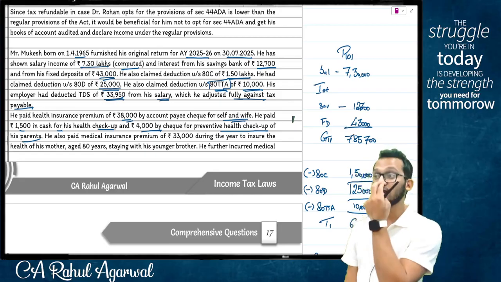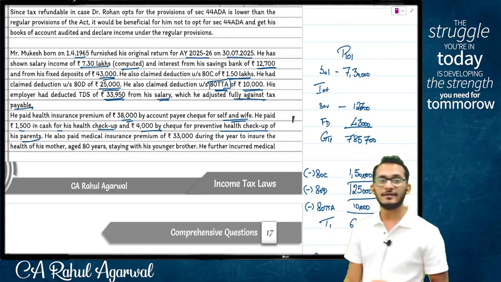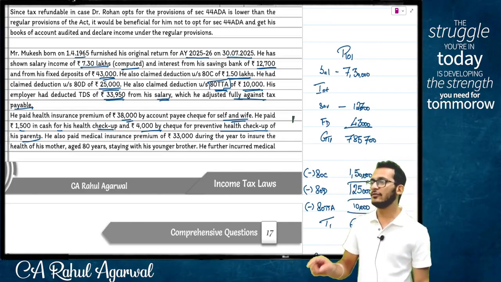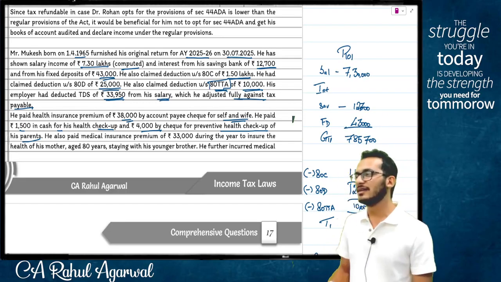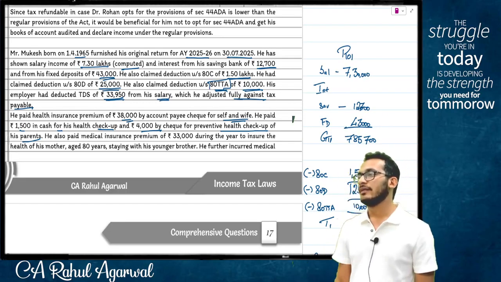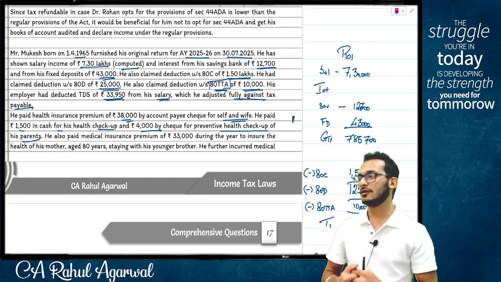But notice carefully, this person has also paid 4,000 for his parents. Even if you are a normal citizen, parents are a different bucket. You could have anyway claimed 4,500, which is also missing. Which means this guy has made an assumption that for everyone put together you can only claim 25, which itself is wrong.